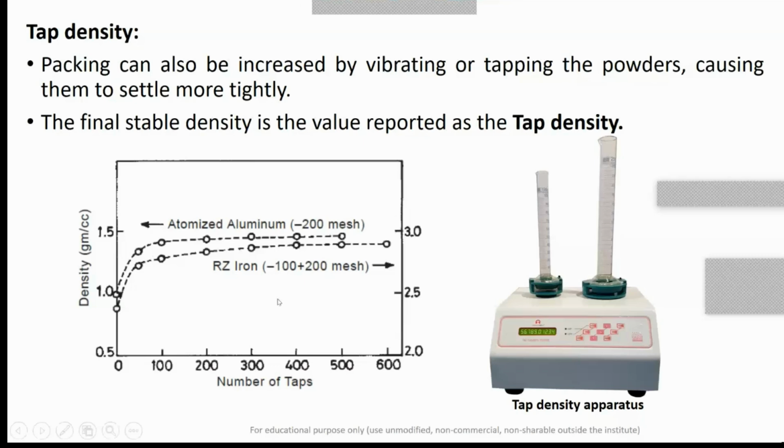And even with different particle sizes and shapes, there will be different effects along with the number of taps applied to make the powder particles closely packed with each other.